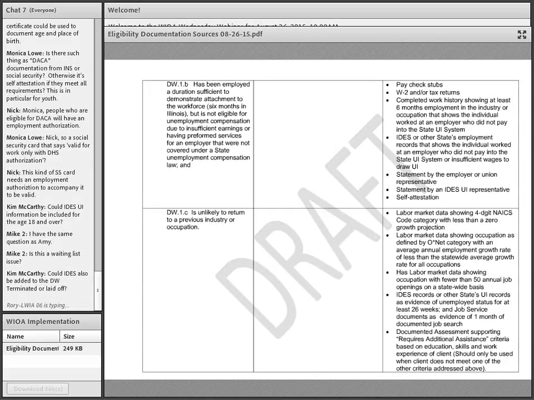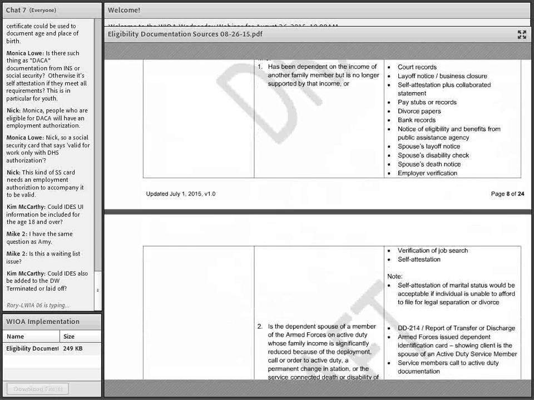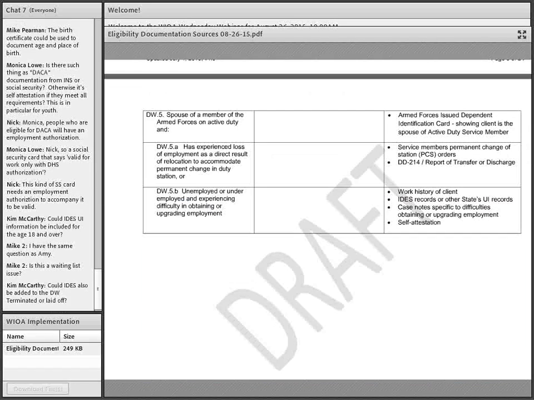What this is talking about is an active duty member's spouse. If they're having a difficult time getting a job, they can now be certified under the dislocated worker program. All the rest of the criteria has basically stayed the same as it was under WIA for the dislocated worker title.